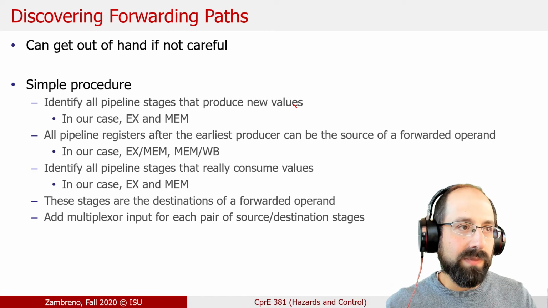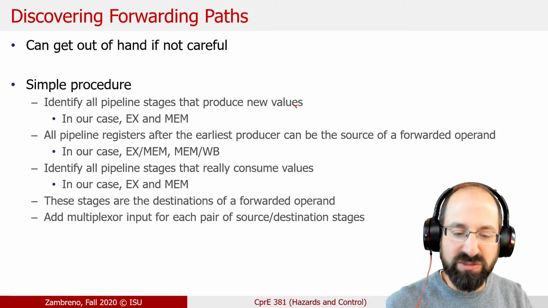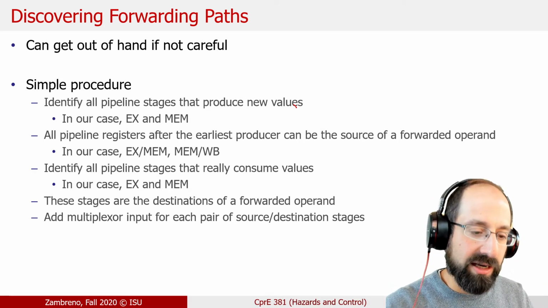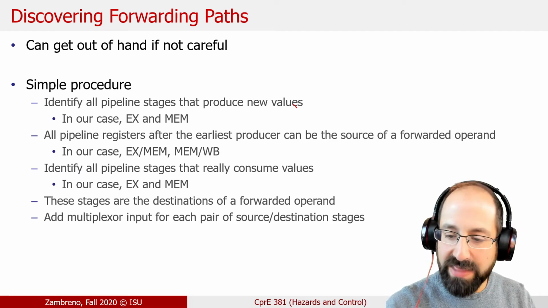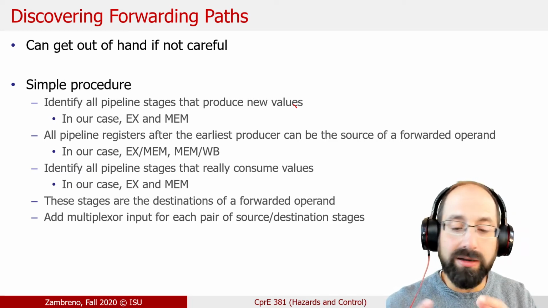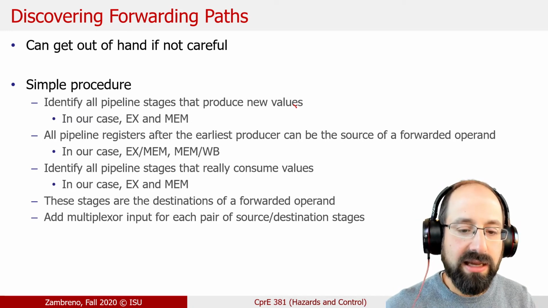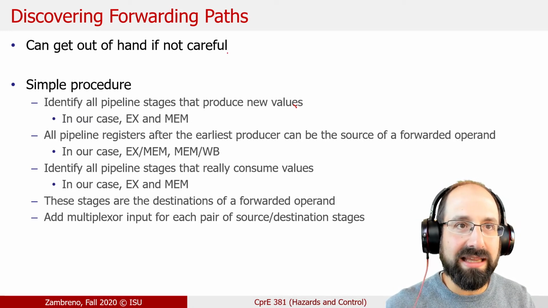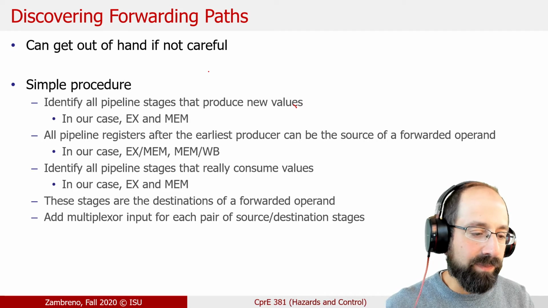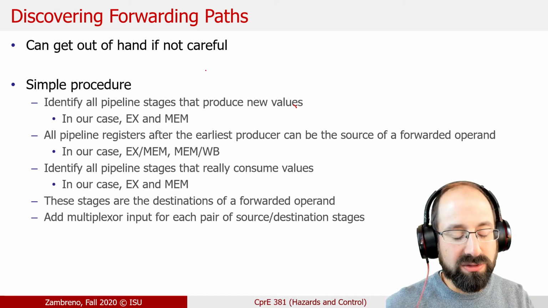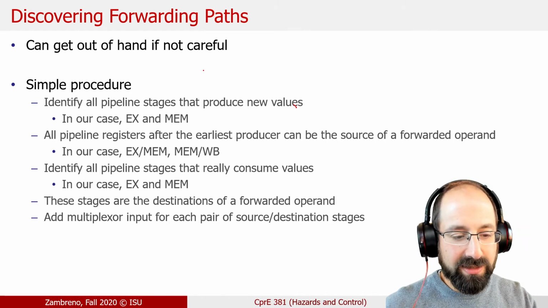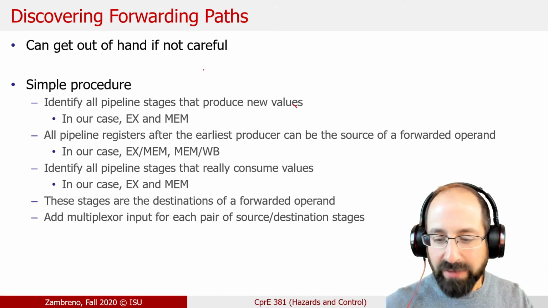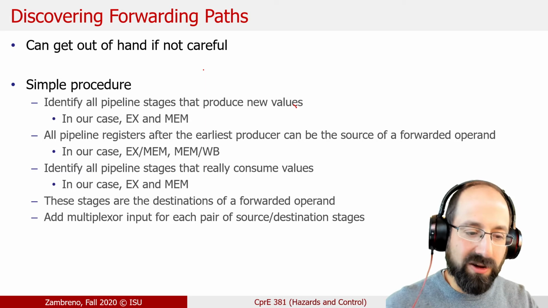But catching those extra edge cases is where a lot of the Project Part C time would otherwise be spent. If you at least catch the textbook cases for forwarding, that's still really good here. But there are a lot of those special cases to watch out for, and that's why I said it can get out of hand if not careful. I always recommend, as opposed to trying to have a perfect spreadsheet for your control scheme and then getting started, have something that's okay, implement it, see where the flaws are, and then revise that design approach.